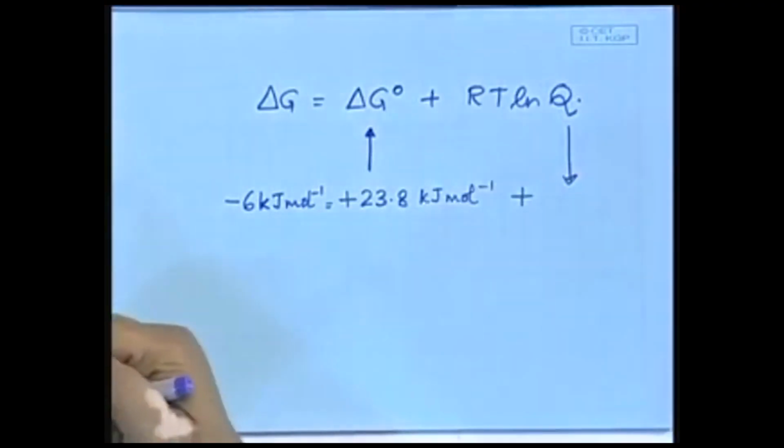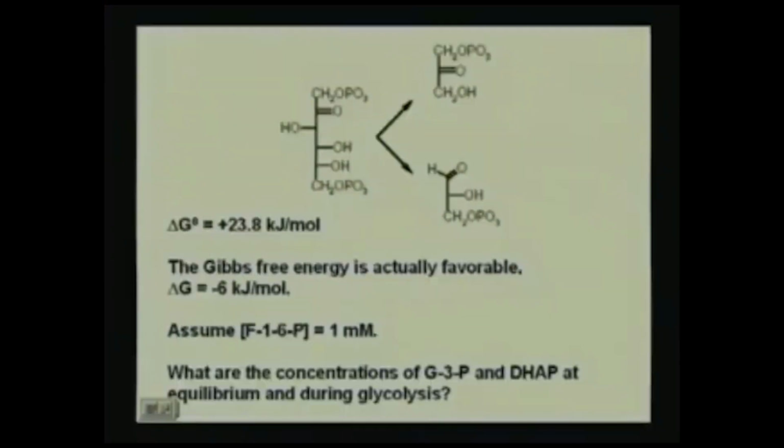right? So what we can do is we can actually calculate, assuming that fructose 1,6-bisphosphate is 1 millimolar. I have these in equal concentration, right? Because it's breaking down, it's forming from this. So I can actually find out the concentrations of glyceraldehyde 3-phosphate and dihydroxyacetone phosphate at equilibrium.